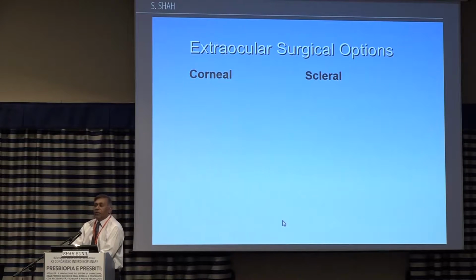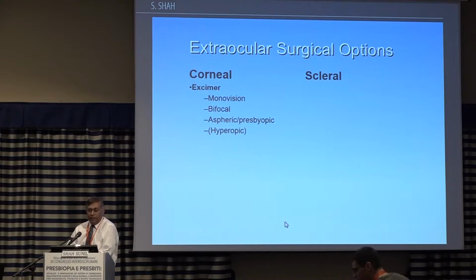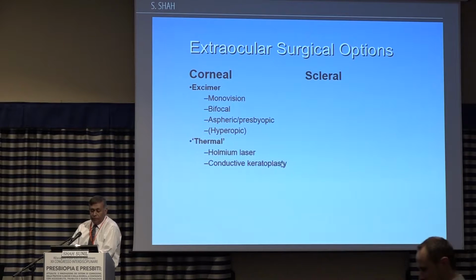So I'm going to talk about the extraocular surgical options, and then we're going to talk about the intraocular ones. So when it comes to cornea, we're all familiar with excimer laser. So there are different options that you can use with an excimer laser to give near vision.